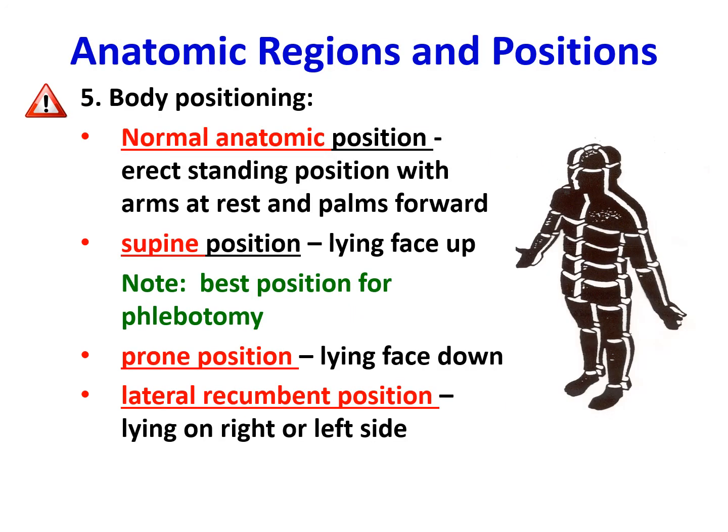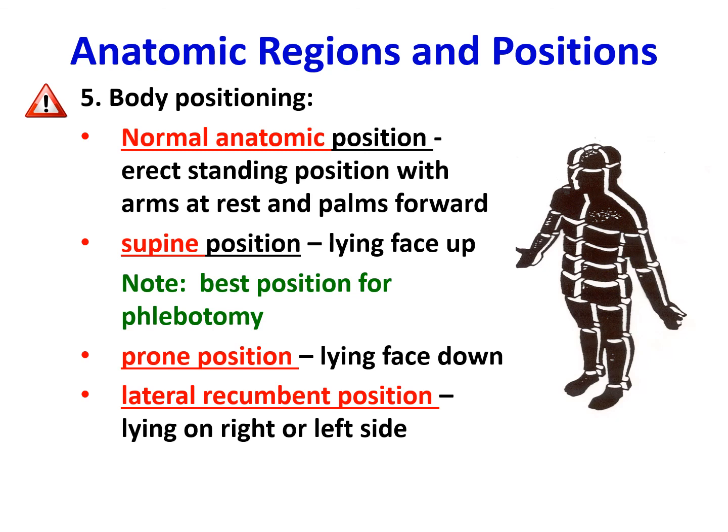Now we're moving on to the anatomic regions and positions of the body. And these are important when you're talking about patients, if you're charting on a patient, if you were describing something about a patient to another coworker. These are vitally important. You need to understand these and know what they mean. So we start off with the normal anatomic position, right?